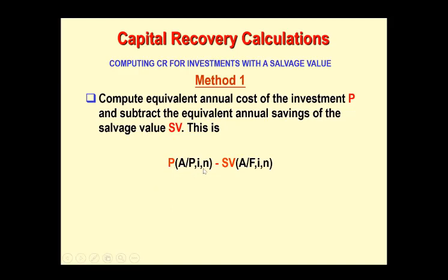P times the capital recovery factor, given present worth, find annual worth, minus SV times the sinking fund factor, given future worth, find annual worth. That is the first way, method 1.